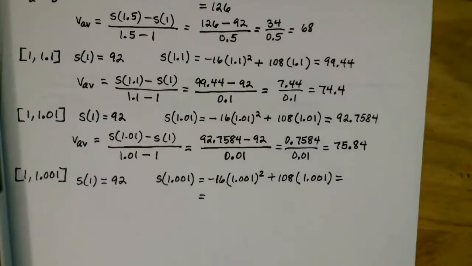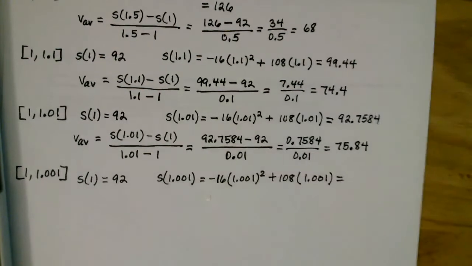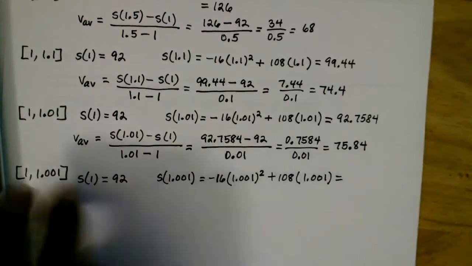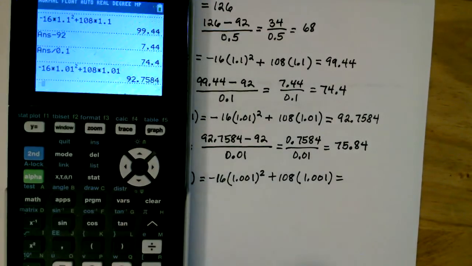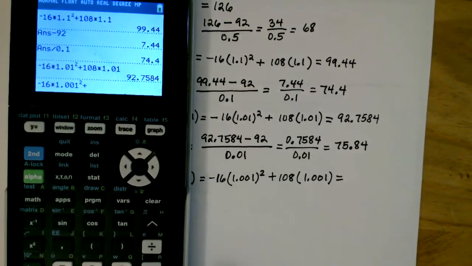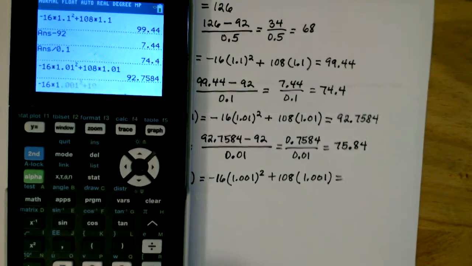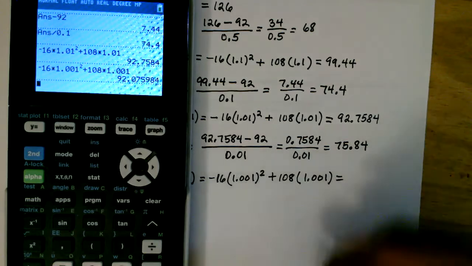I'll put the equal sign there. So in this case, simplifying this will be negative 16 times 1.001 squared plus 108 times 1.001. This will be 92.075984.